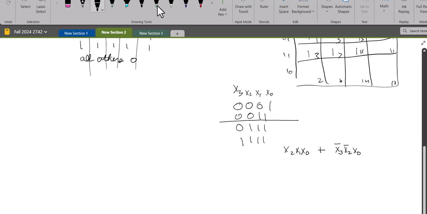So on this bottom group right here, these three are all 1. So that's x2, x1, x0. And on this top group right here, we have x3 and x2 are 0, and x0 is 1. So that would be the function, and you would just need to implement that.